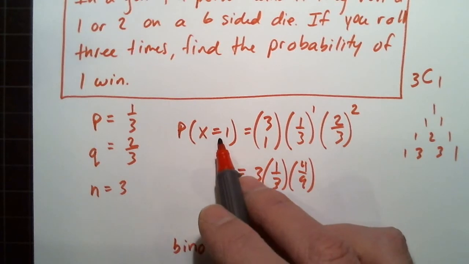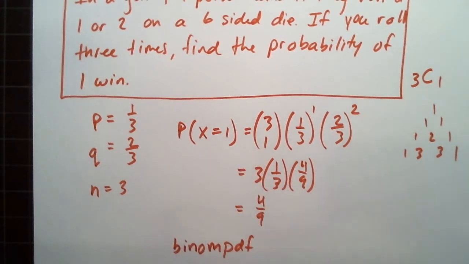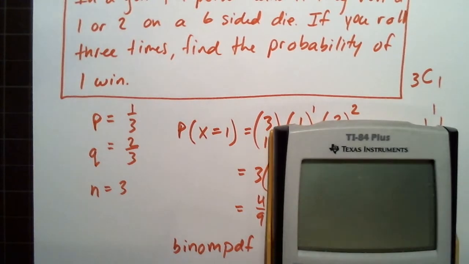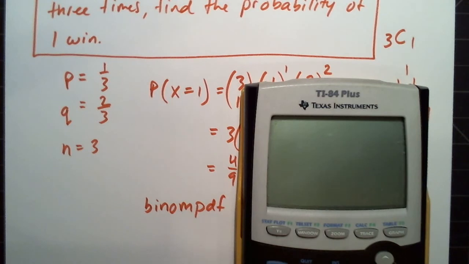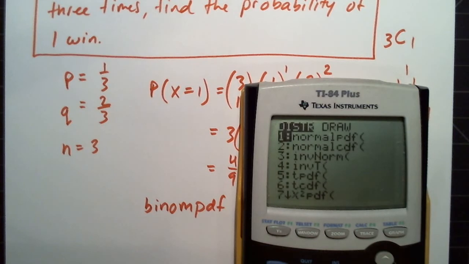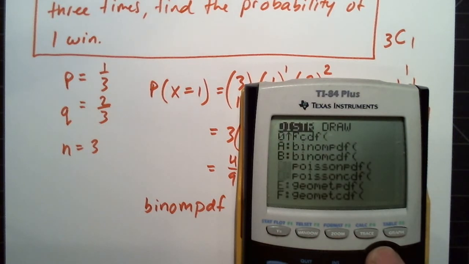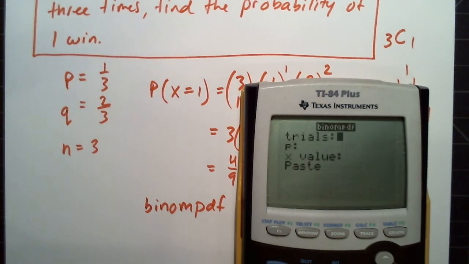If it's x is less than or equal to a number, we use binomCDF. BinomPDF, that's second vars, binomPDF. And we have 3 trials. Probability of success, 1 divided by 3. We want 1 success. Paste.